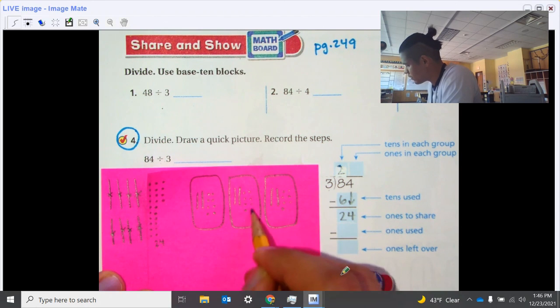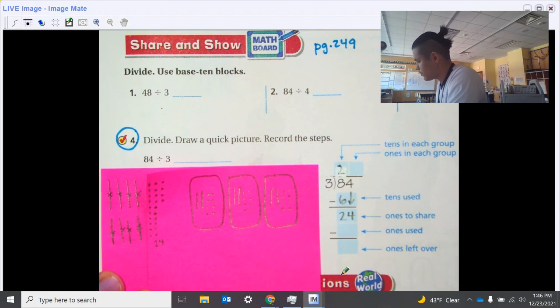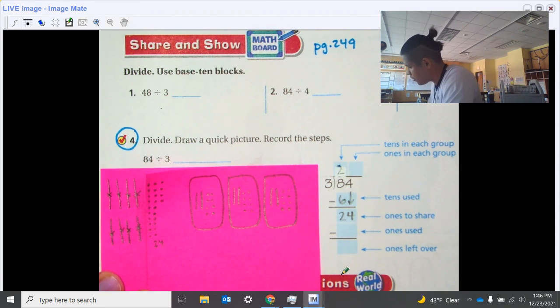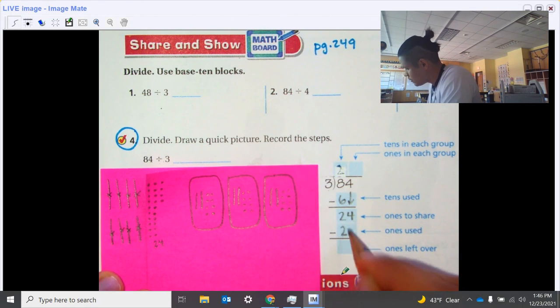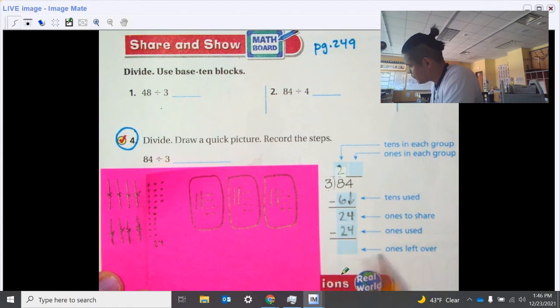Okay, so I used all of my ones. Ones used, all 24. So I subtract 24. And when I subtract, that'll be how many ones are left over. Well, 24 minus 24 is 0. And look over here. I used all 24 of my ones.